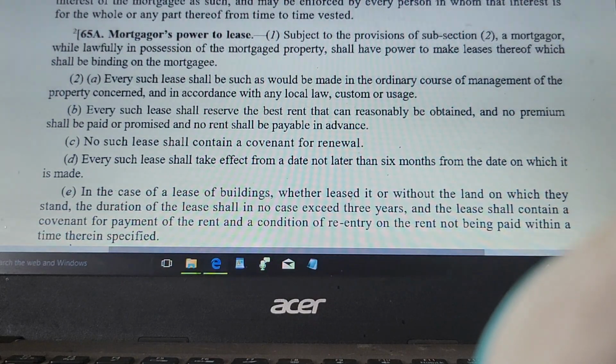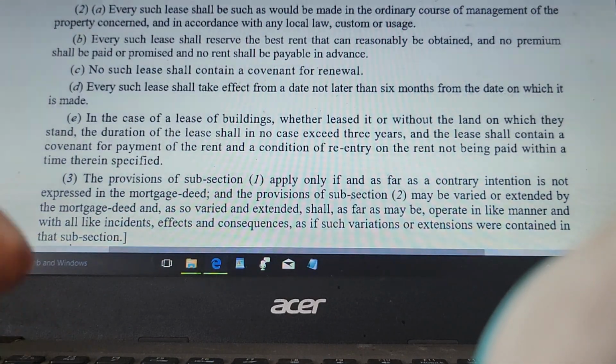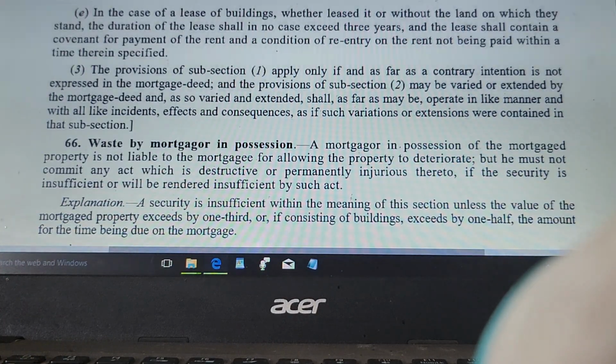D. Every such lease shall take effect from a date not later than 6 months from the date on which it is made. E. In the case of a lease of buildings, whether with or without the land on which they stand, the duration of the lease shall in no case exceed 3 years, and the lease shall contain a covenant for payment of the rent and a condition of re-entry on the rent not being paid within a time therein specified. 3.